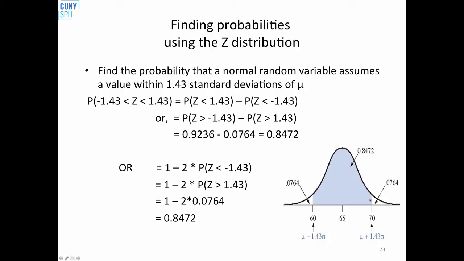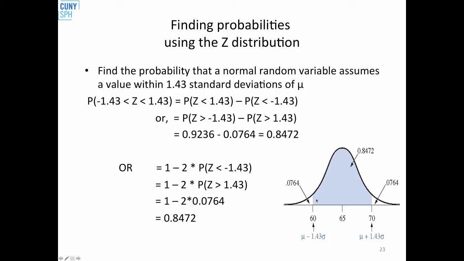One way to do this is by first taking the area that comes less than 1.43 and then subtracting what would be to the left of minus 1.43, which is that 0.9236 that we looked up minus the 0.0764 tail probability we calculated.